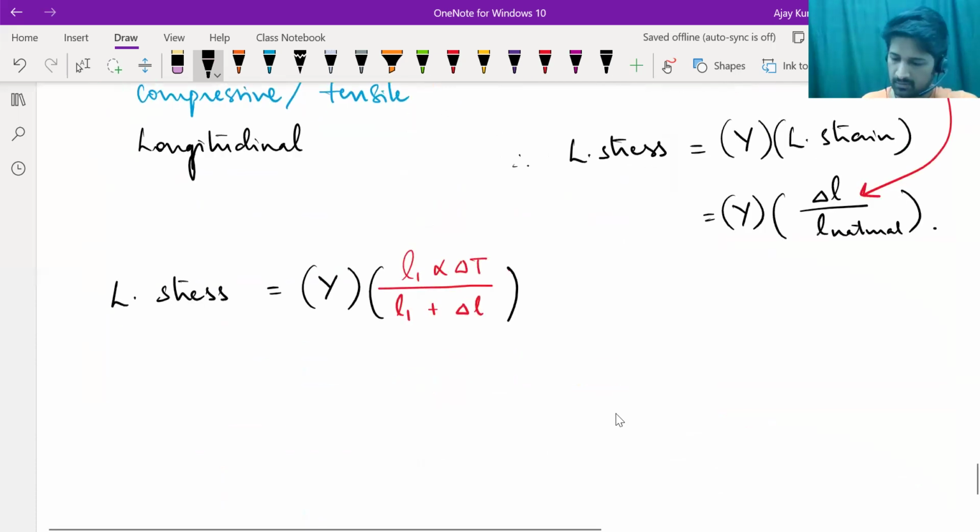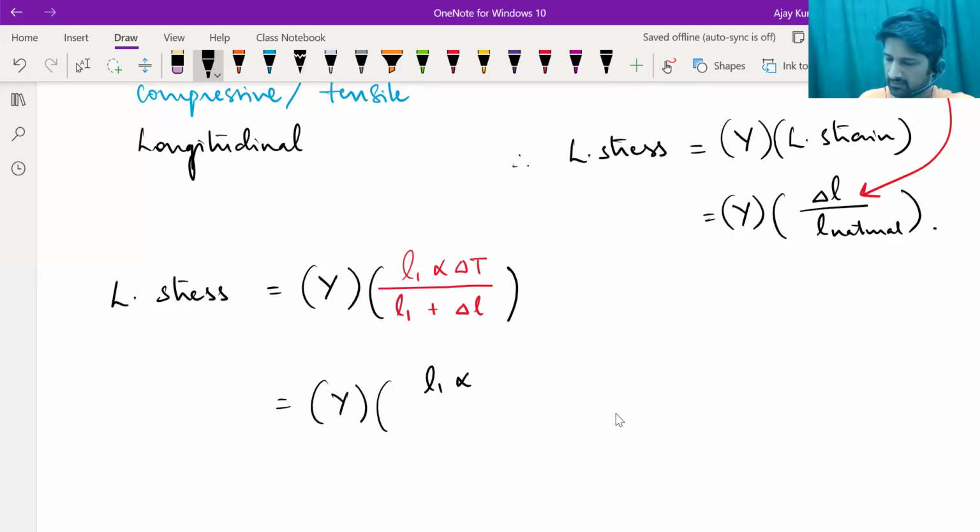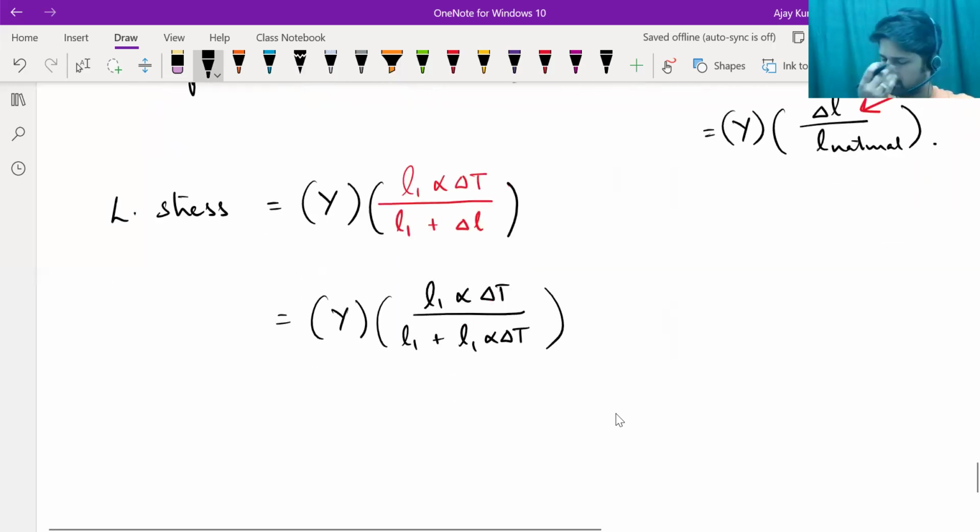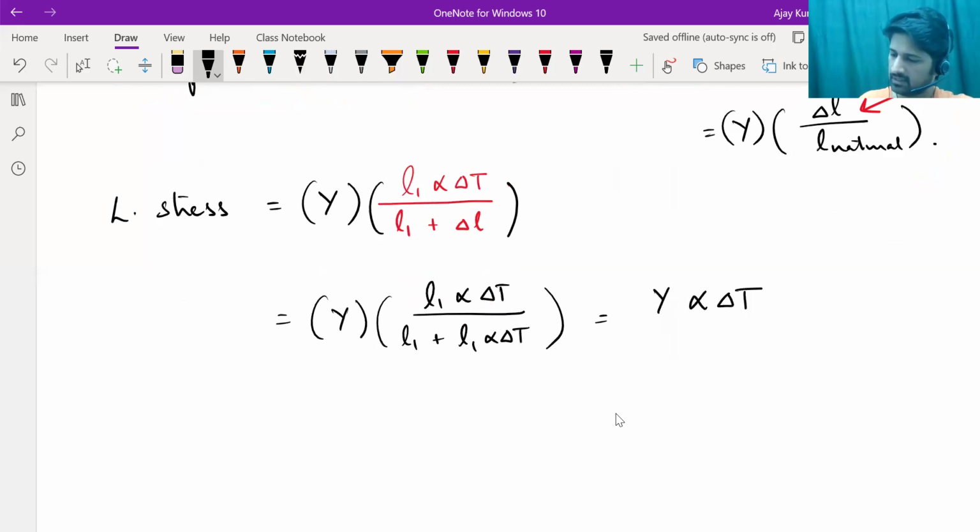But if we simplify this, the numerator is L1 alpha delta T. In the denominator, you have L1 plus delta L, and delta L is L1 alpha delta T. Now L1 is common in numerator and denominator, so it gets cancelled. You'll be left with Y alpha delta T divided by 1 plus alpha delta T.